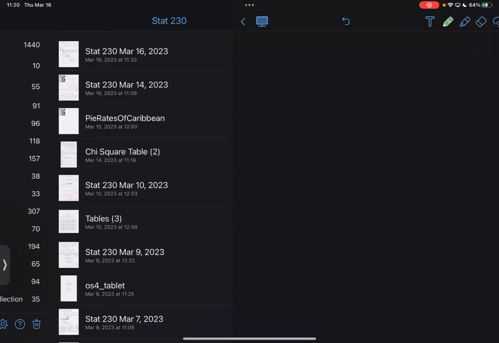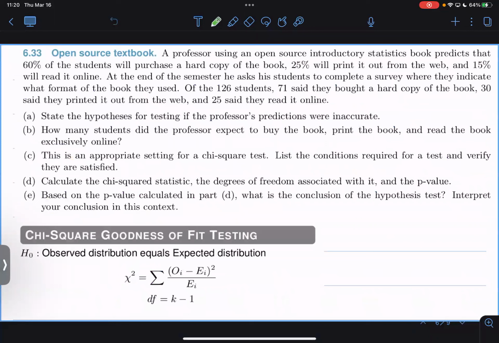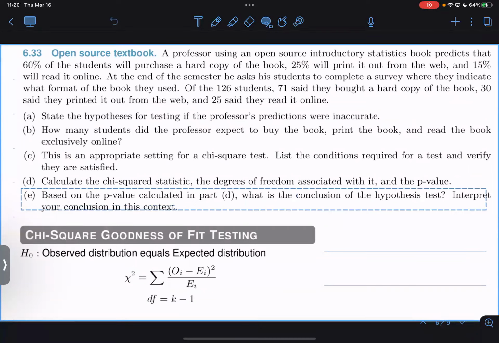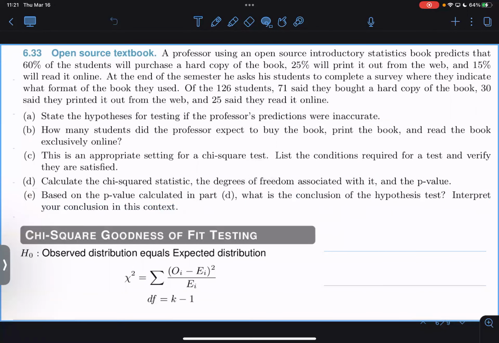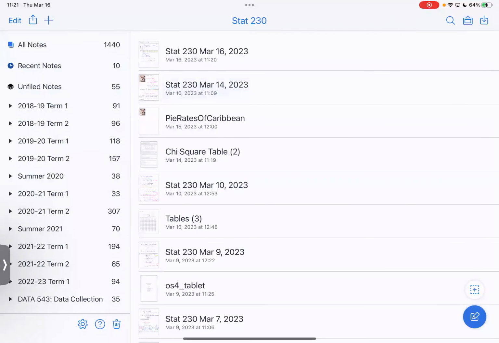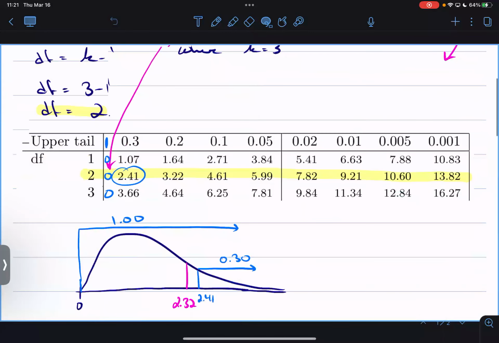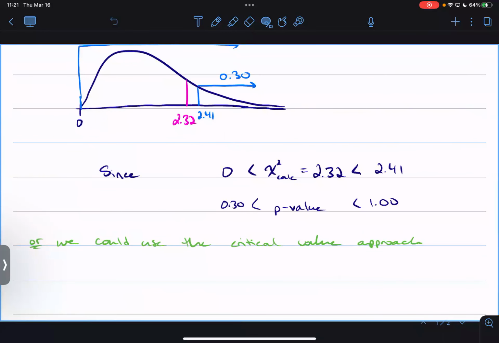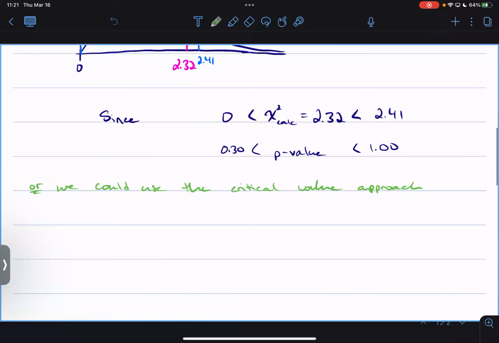It didn't say what alpha level to use, but I'll grab this next part while I'm here. If it doesn't tell us what alpha level to use, just default to 0.05. That's always going to be your default. So use the default alpha equal to 0.05.